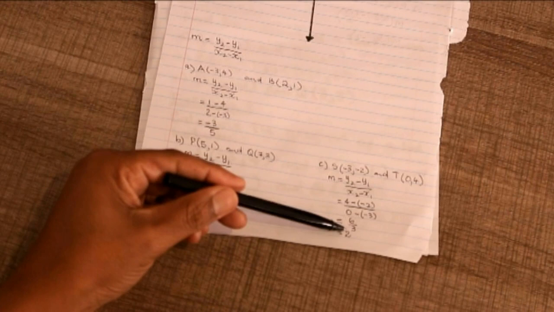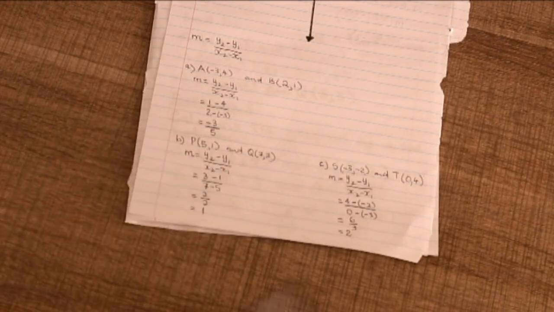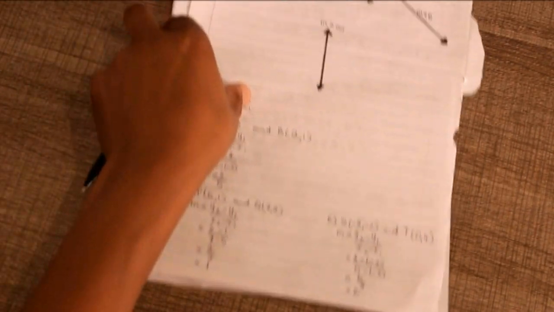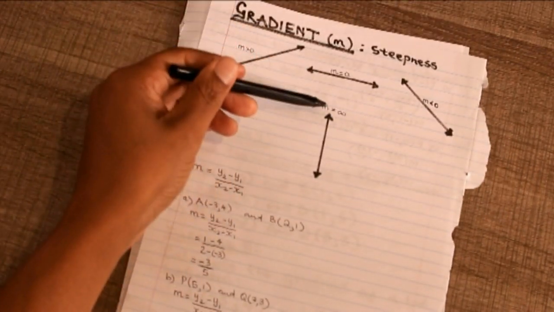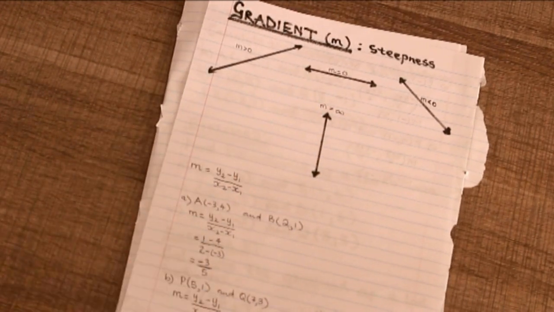And for C, we got 2 as the answer, so the line is increasing also. Sometimes you'll get undefined, sometimes you'll get 0. If it's 0, the line is horizontal, and if it's undefined, it is vertical. So that you'll be able to see that.